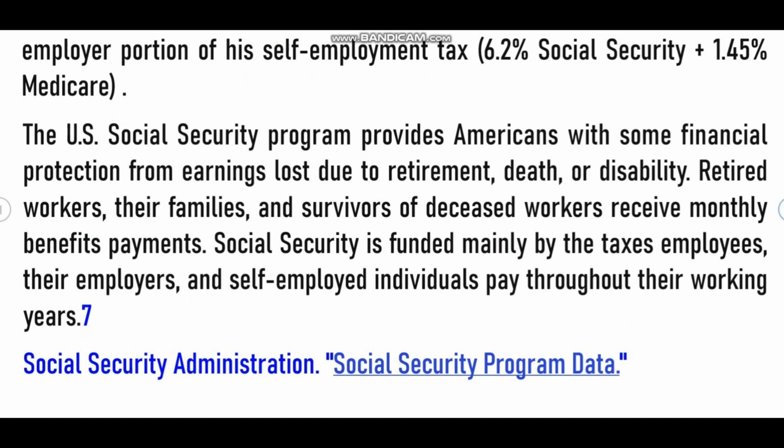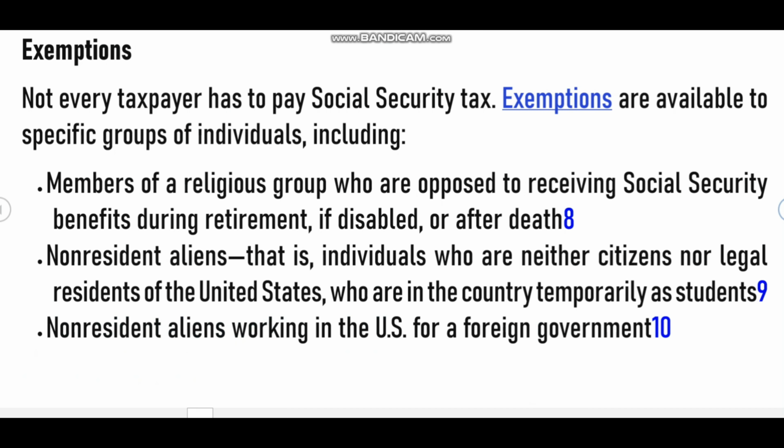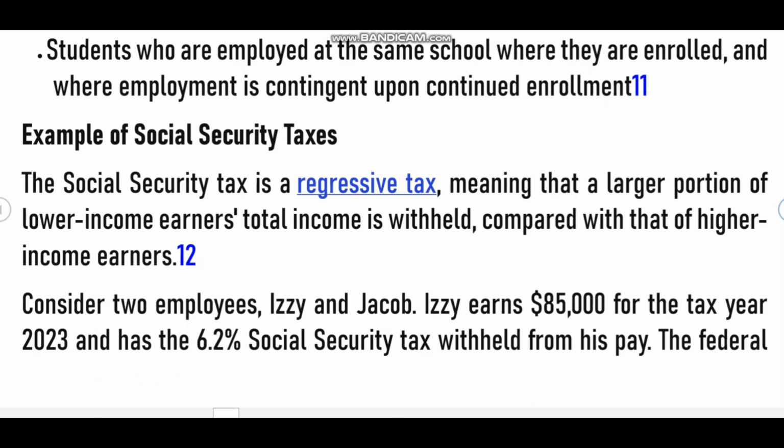The Social Security tax rate is 12.4% and is divided evenly between employers and employees on a maximum wage base of $160,200. That's in 2024. Self-employed individuals pay the employer and employee portions of Social Security tax, but only on 92.35% of net business earnings.